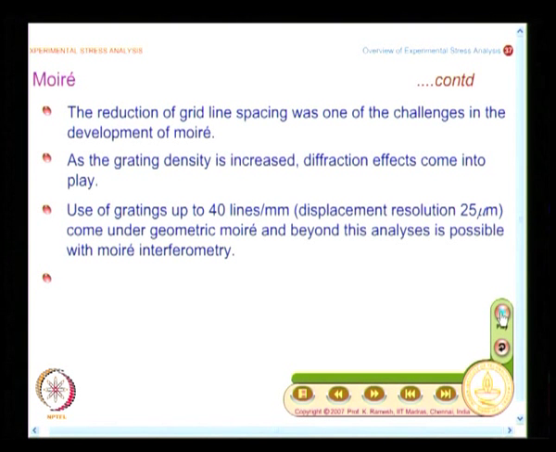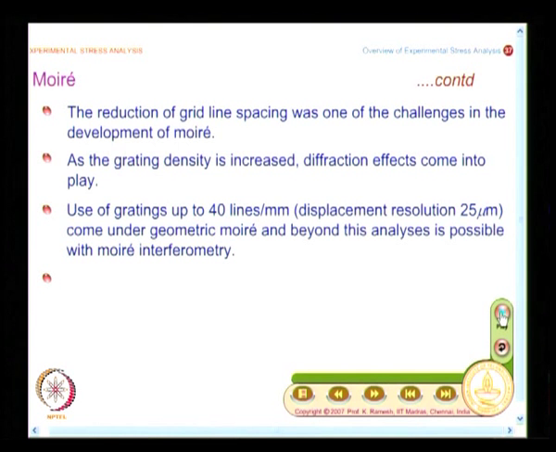And what we do is we decide this based on the lines per millimeter. If you have 40 lines per millimeter, up to that you can interpret it based on geometric Moiré principle, and the displacement resolution is of the order of 25 micrometer, and 40 lines per millimeter is very fine.